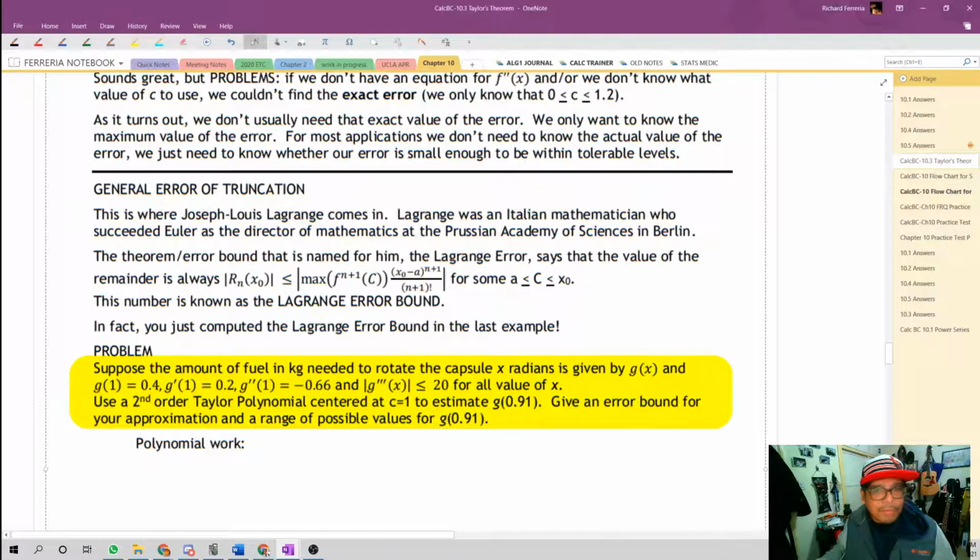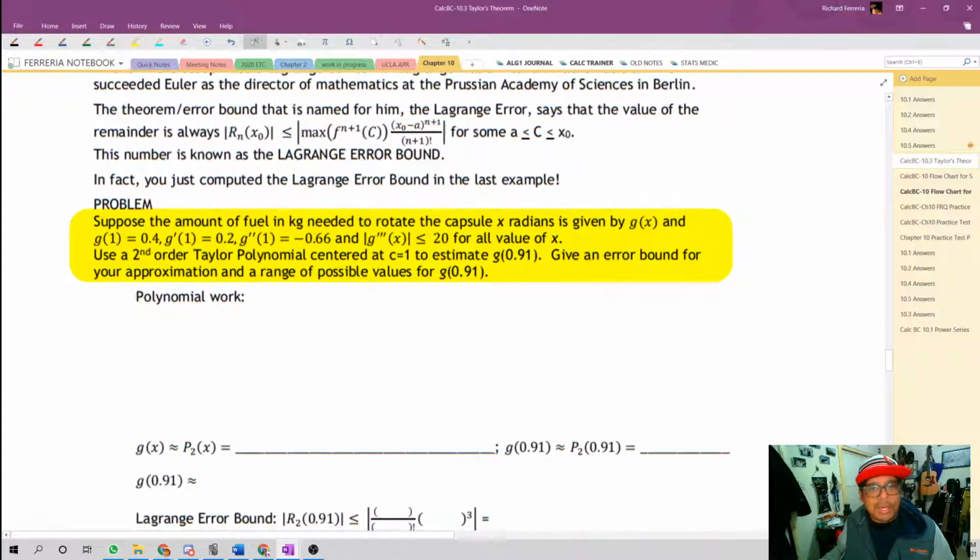Suppose that the amount of fuel in kilograms needed to rotate the capsule x radians is given by the function g. And we know some things about the g function. We know that g of 1 is equal to 0.4. We know g prime of 1 is 0.2. G double prime of 1 is equal to negative 0.66.